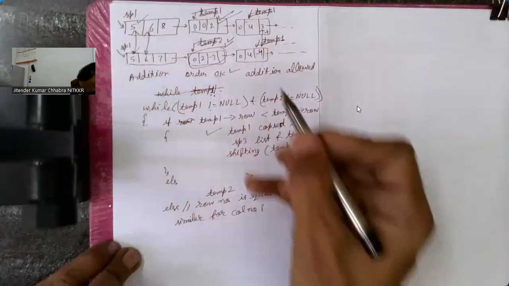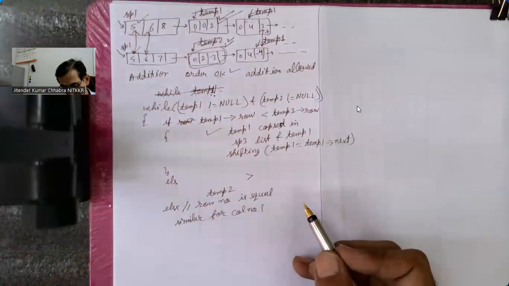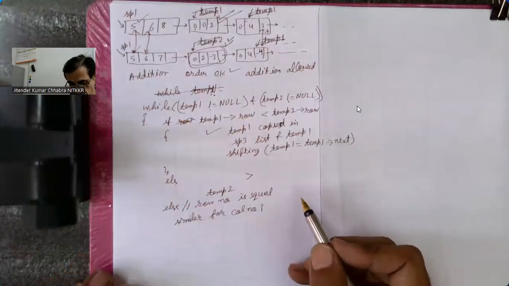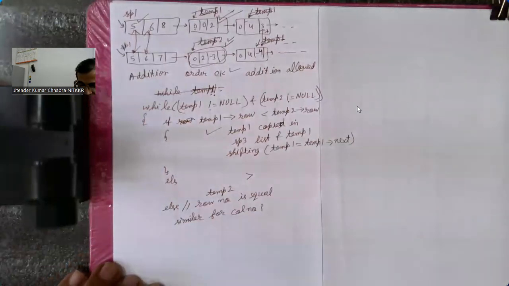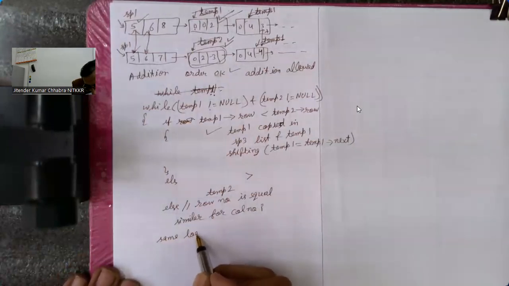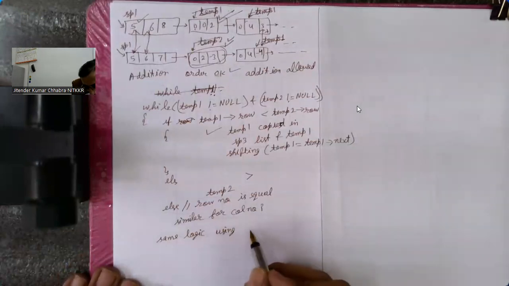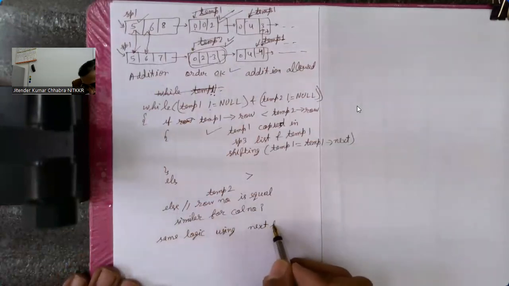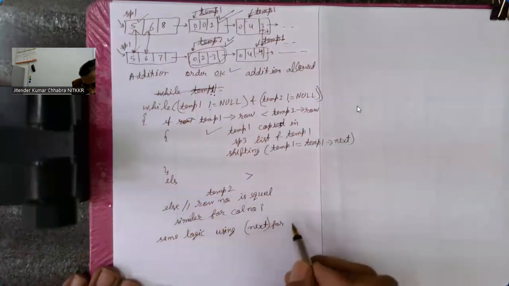And shifting is basically because the ordering is guaranteed. All values are stored in increasing order of row number and for the same row number in increasing order of column number. So same logic, we just have to adjust the pointers accordingly.